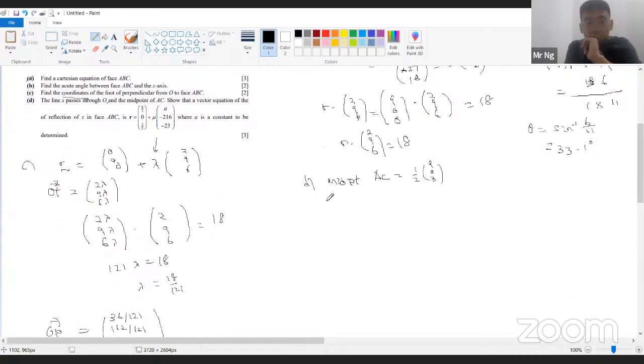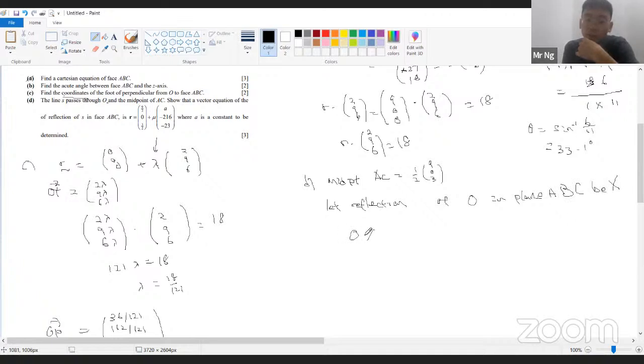Reflection of O, we call it X bar, the reflection of O in plane ABC.